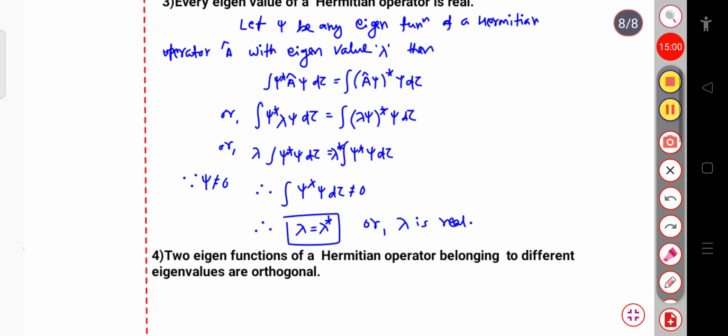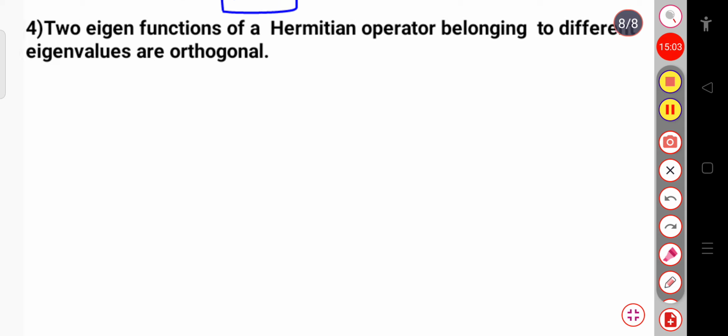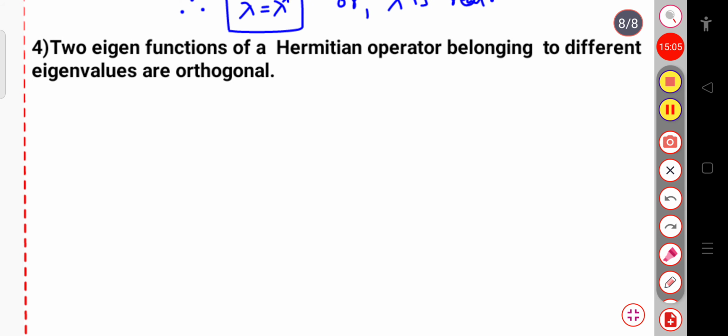Now next we will see that two eigenfunctions of a Hermitian operator belonging to two different eigenvalues are orthogonal.